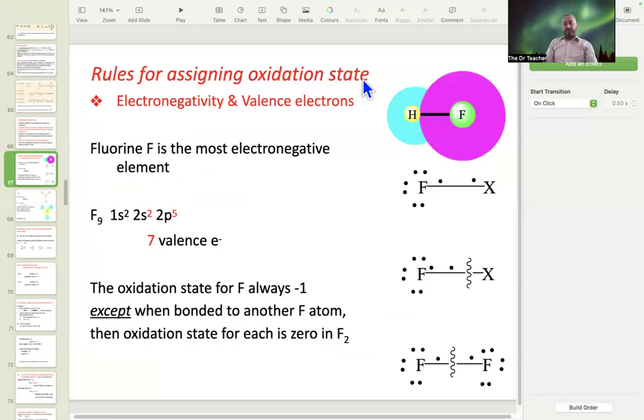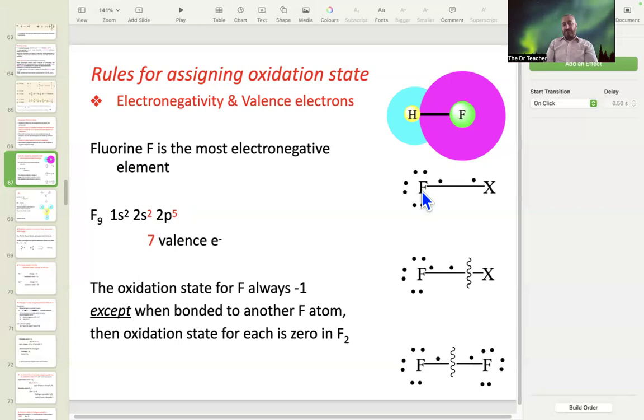Rules for assigning oxidation state: electronegativity and valence electrons. Fluorine, F, is the most electronegative element. So if we come to the atomic number of fluorine, it is 9: 1s2, 2s2, 2p5. So we have 7 valence electrons at the outer shell, 7.